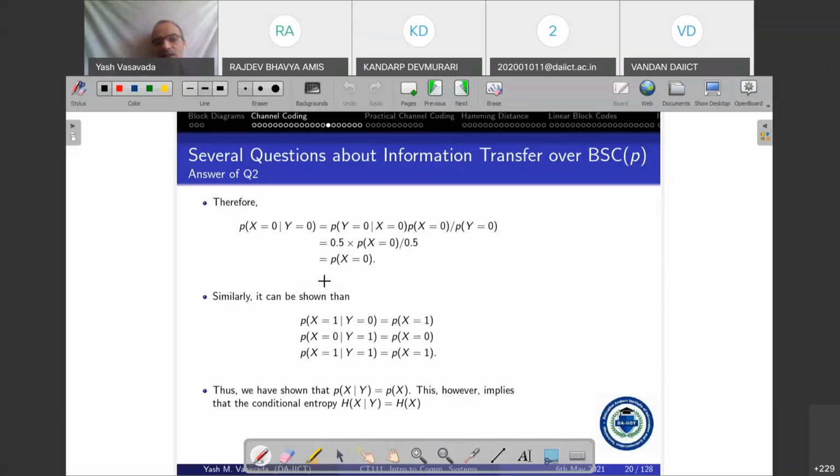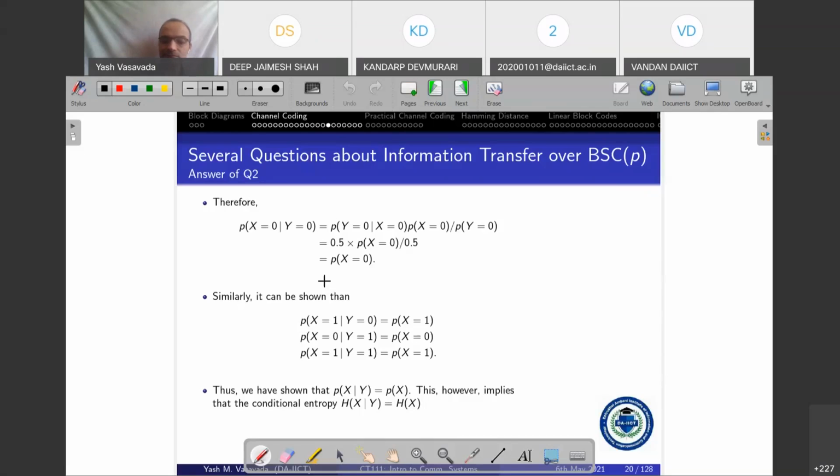But then that means that conditional entropy also remains the same. So that is how we have defined conditional entropy. It is just a function of p of x given y. But then when conditional entropy remains the same as the entropy of x, what happens to the information transfer?